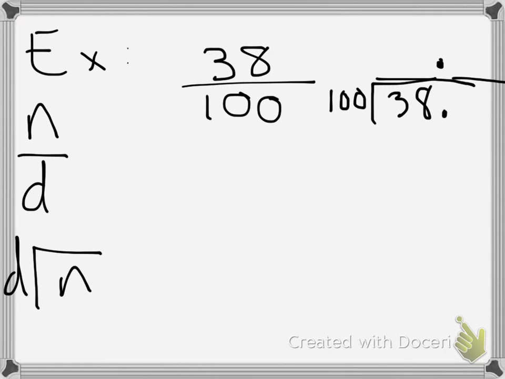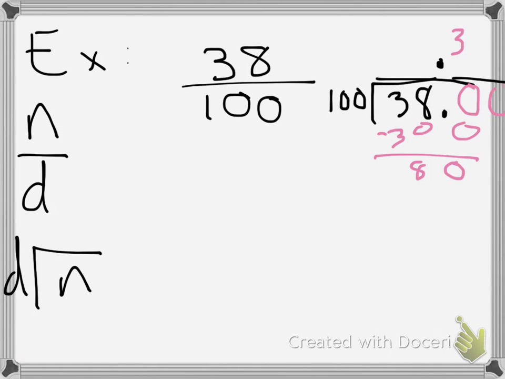I'm going to change colors so you guys can see it. And we're going to add a 0. Does 100 go into 380? It does. It goes 3 times. So we put 300. We subtract. We've got 80 left. Does 100 go into 80?